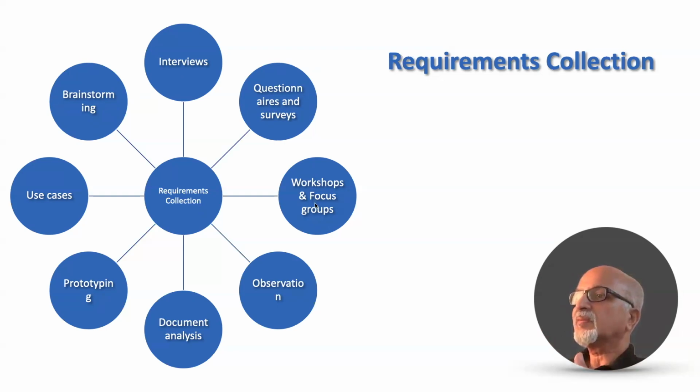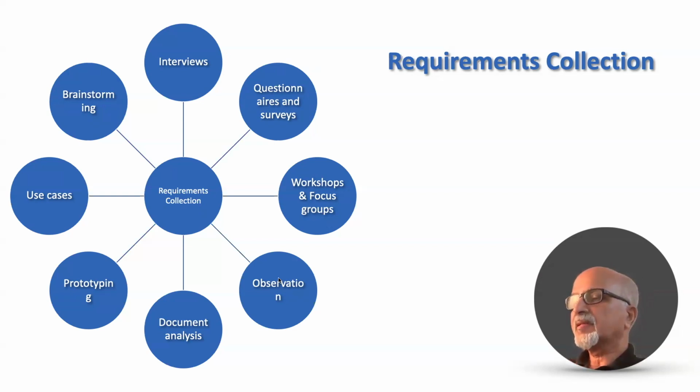Workshops and focus groups are focused discussions of selected people or experts, and they will provide the additional details required for building the product. Observation is about observing how people work.